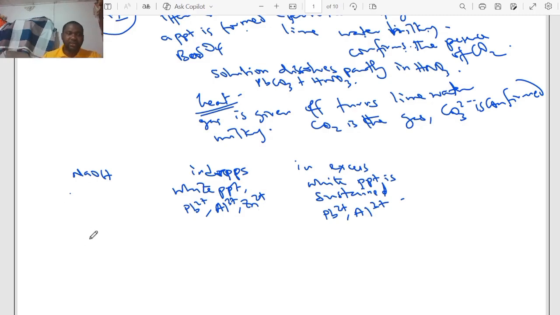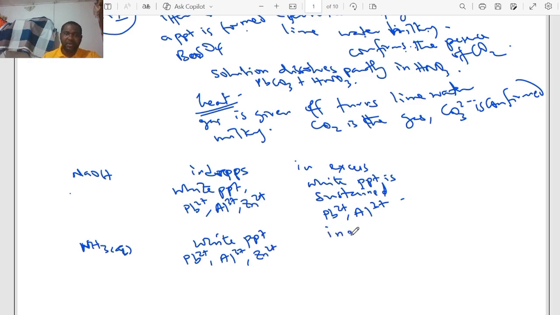In the case of aqueous ammonia, in drops, you are also going to have a white precipitate. A white precipitate here in the case of ammonia also indicates the presence of lead 2+ ion, aluminum ion, or zinc ion, right?